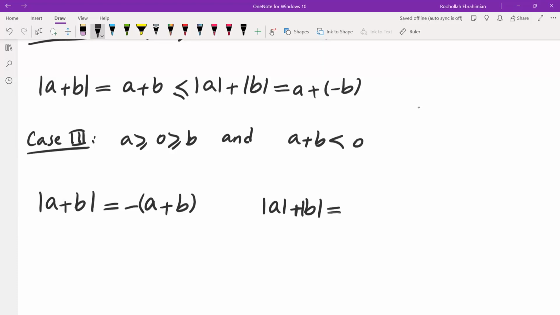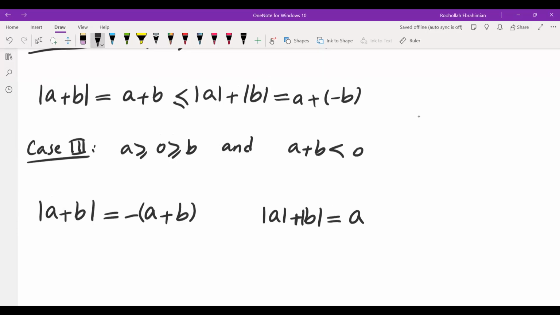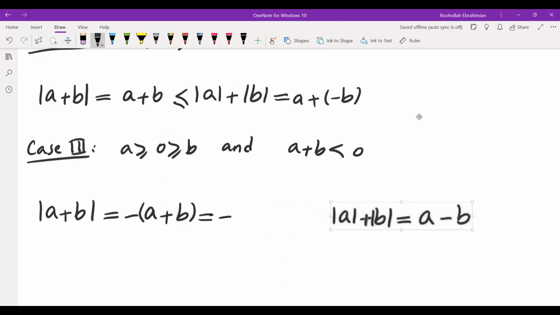The absolute value of a is a, since a is positive, and the absolute value of b is negative b, since b is negative. So I would like to see if this is true. And if I distribute this one, I can see this is negative a minus b. And of course, this is less than or equal to this, since a is non-negative.